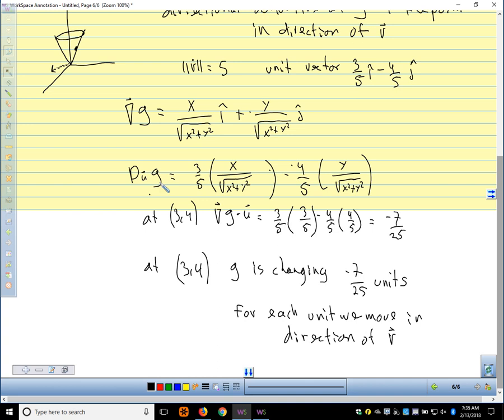All right. Questions? So the directional derivative, important idea. The gradient, very important idea. Some properties of the gradient.